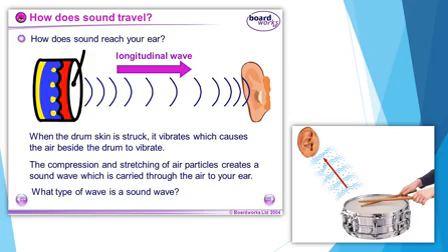The compression and stretching of air particles create a sound wave, which is carried through the air into your ear. When you use a stick on the drum, it creates vibrations or movement, and those vibrations are carried through sound waves. The sound waves can pass through solid, liquid, or gas.